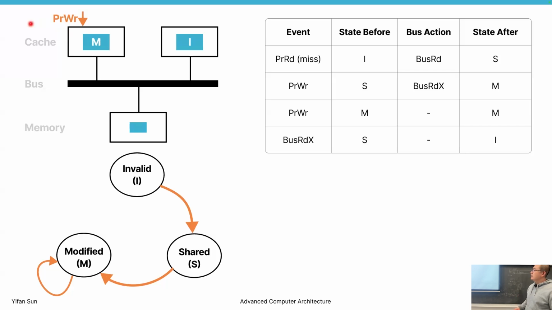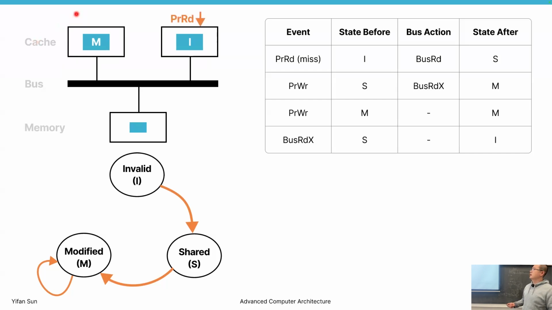If we keep modifying one piece of data, it can save a lot of traffic because we don't need write through, we don't need to generate the bus write, and we don't even need to generate a bus read X operation. It's the advantage over the VI protocol. We reduce bus write traffic.